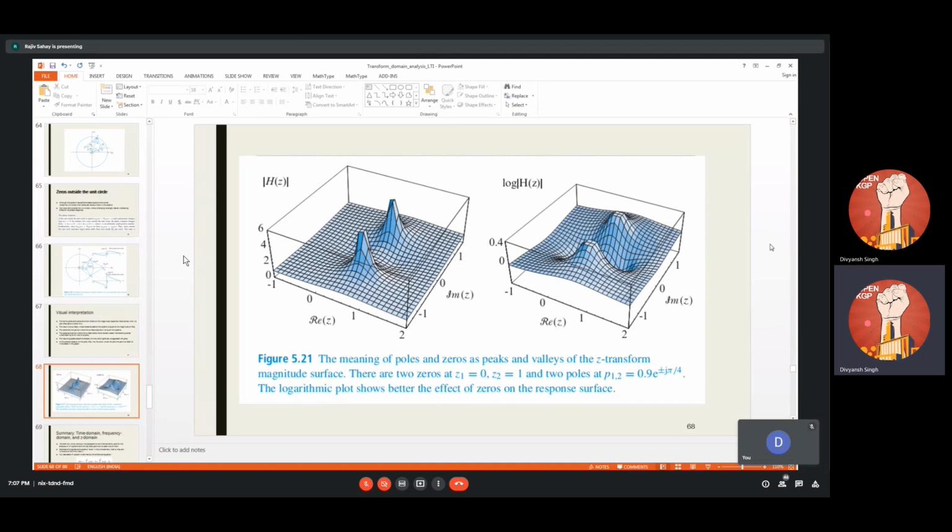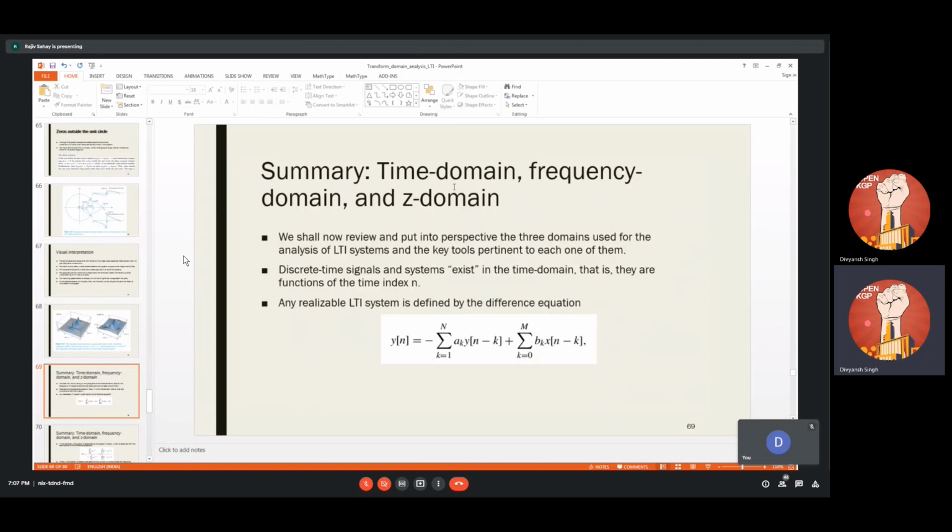So let us now summarize. Time domain, frequency domain, and Z domain are all connected with each other. We will now review and put into perspective the three domains used for the analysis of LTI systems. Discrete time signals and systems exist in the time domain, that is, they are functions of the time index n.